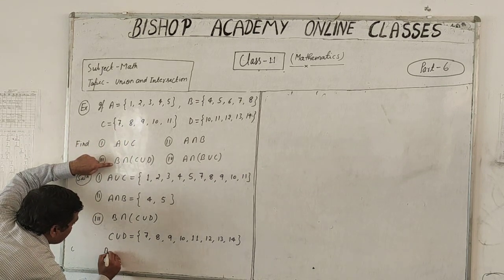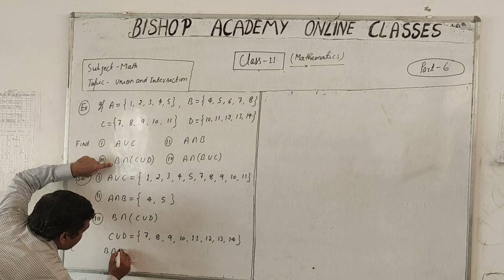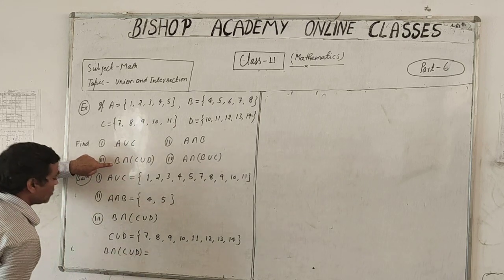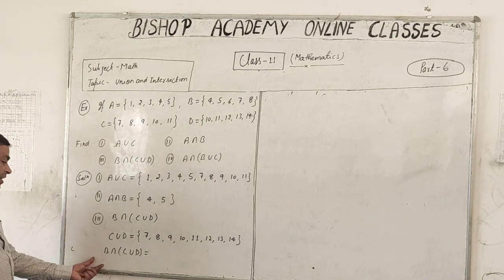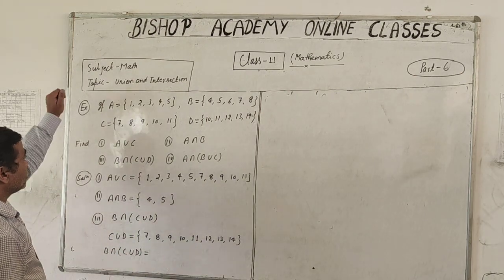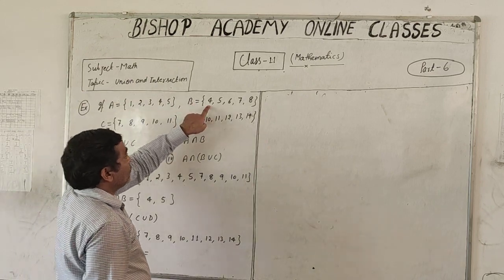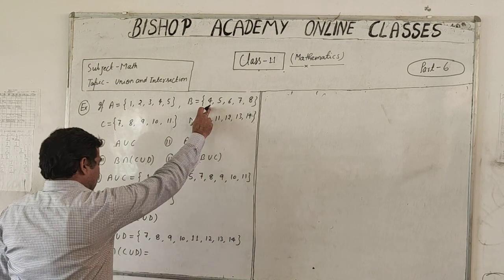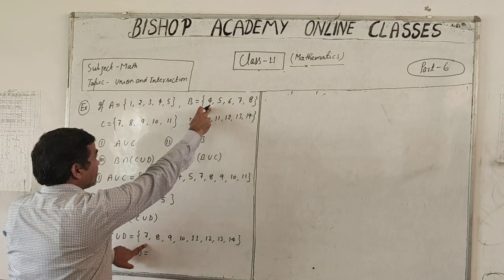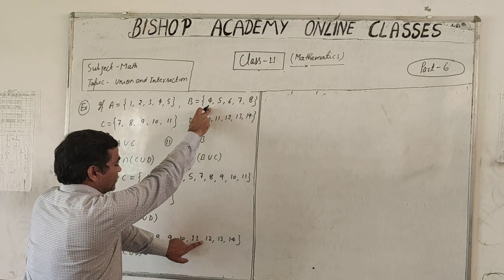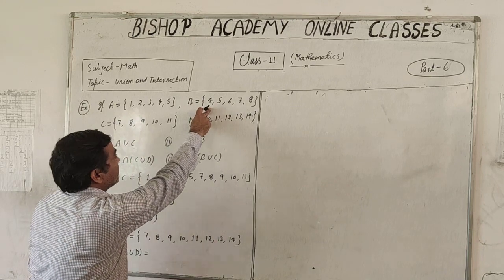According to the question, B intersection C union D. The common elements of B and C union D. B is 4, 5, 6, 7, 8 and C union D is 7, 8, 9, 10, 11, 12, 13 and 14.